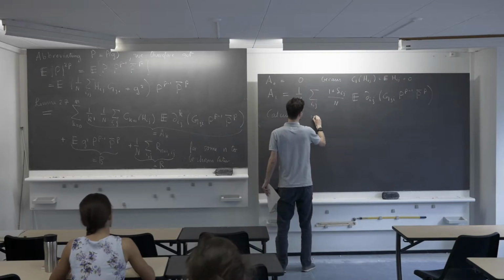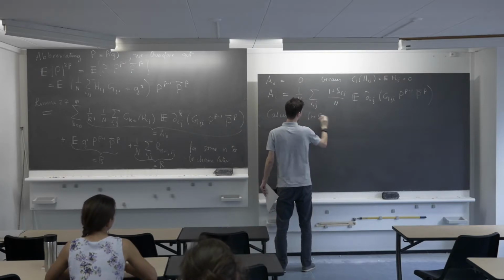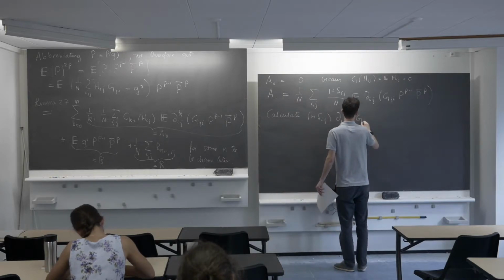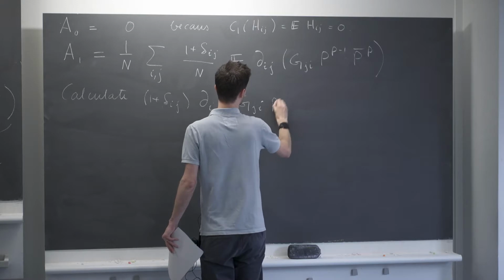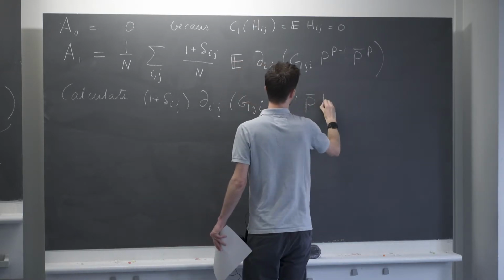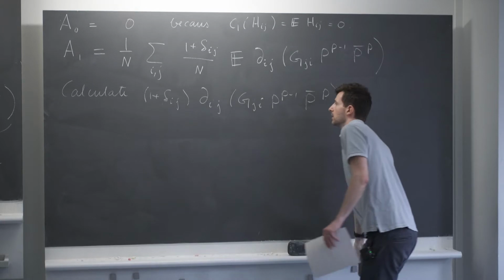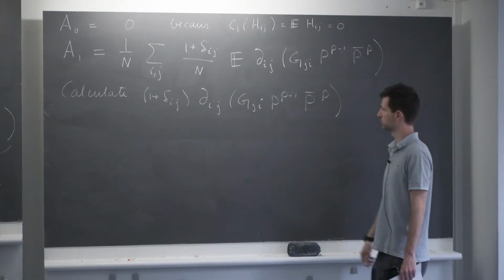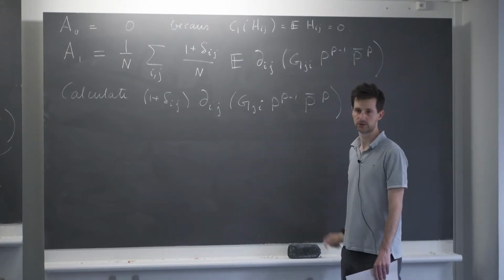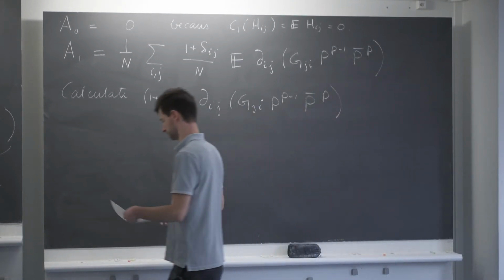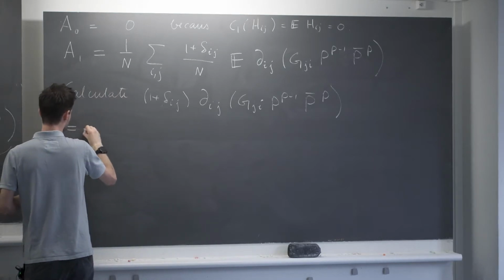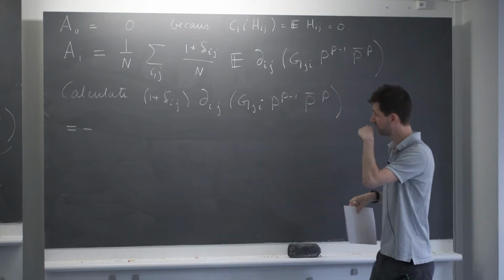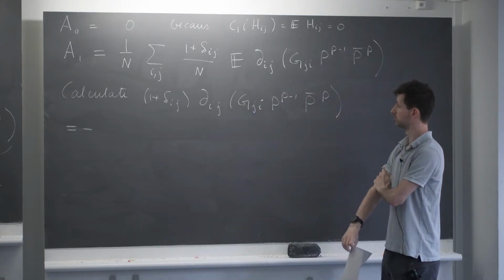So calculate 1 plus delta ij of the derivative of g_ji to the p minus 1. Okay, so the derivative by the product rule can hit this term, or that term. So let's write up all possibilities. If it hits the first term, recall by the formula I had before, I get two terms.